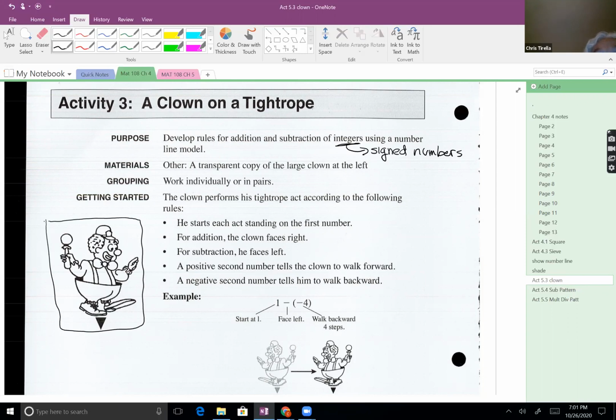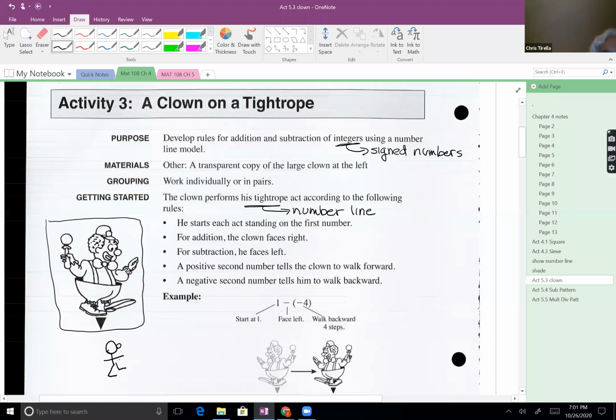The clown performs a tightrope act, and the tightrope is going to be a number line. He starts each act standing on the first number. For addition, the clown faces to the right. So this would be an addition clown. My clown pictures are going to be kind of sucky.